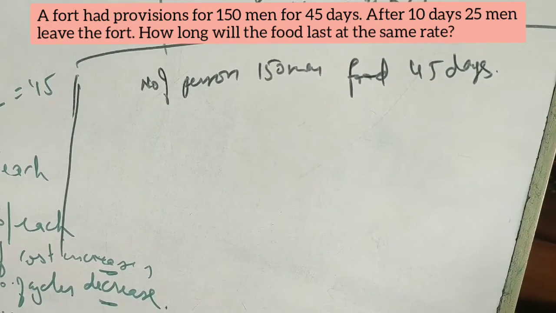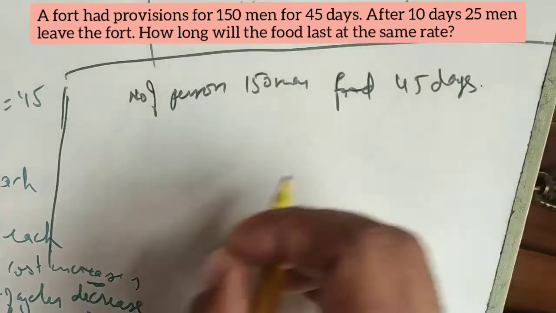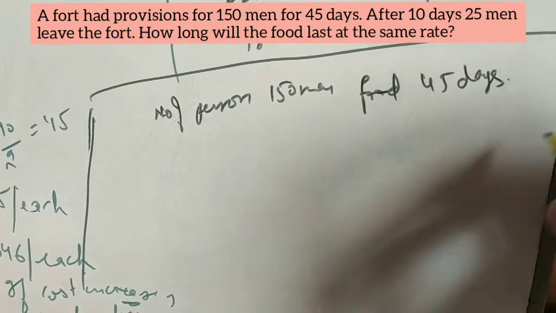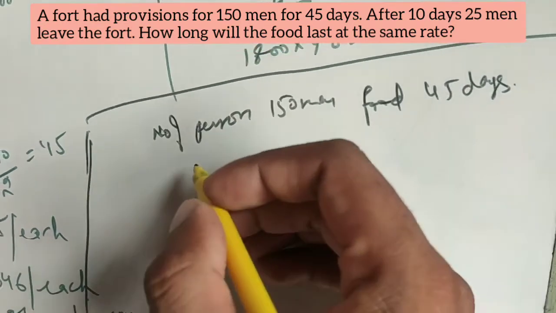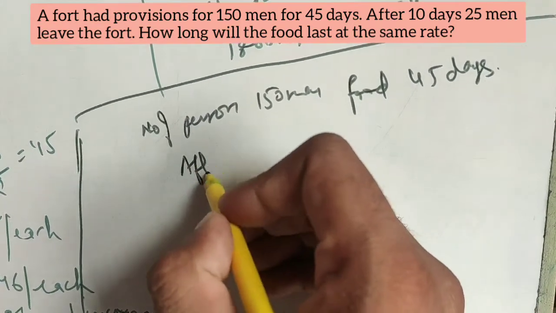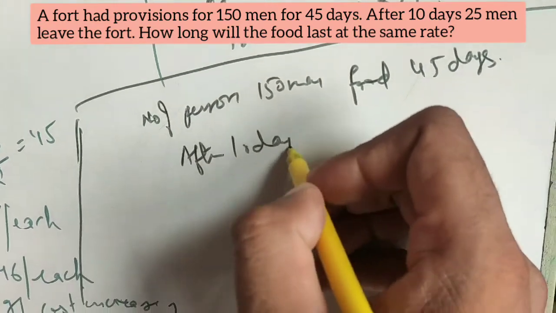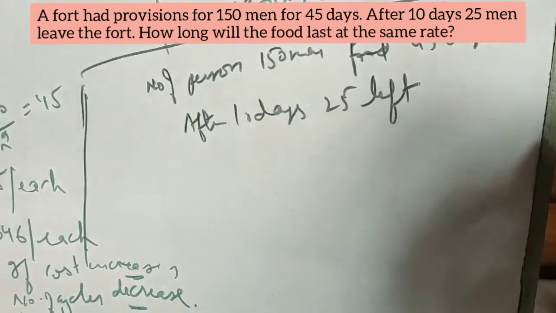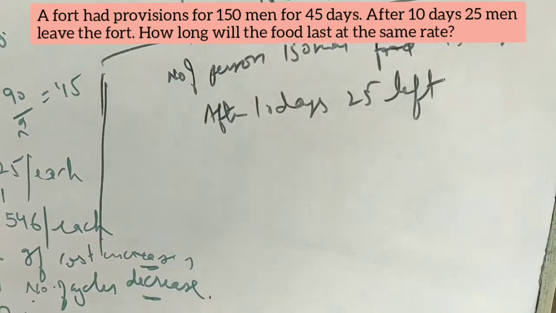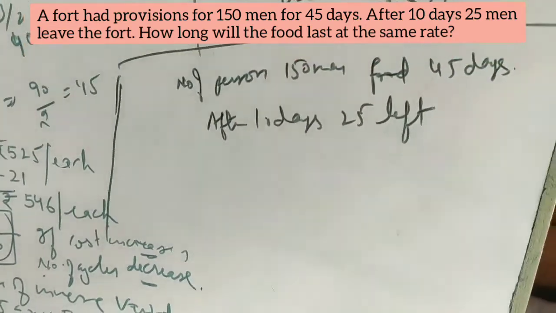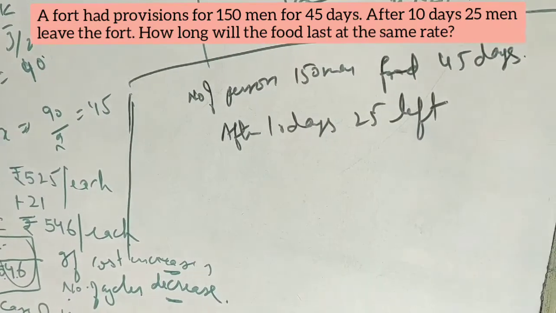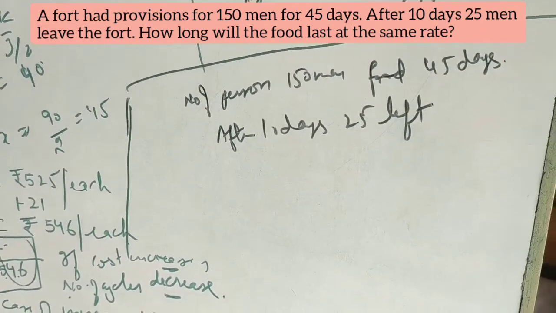Okay. After 10 days, 25 men leave the fort. After 10 days, how many left? 25 men left the fort. How long will the food last at the same rate? How many days will the food last if they keep consuming it at the same rate?